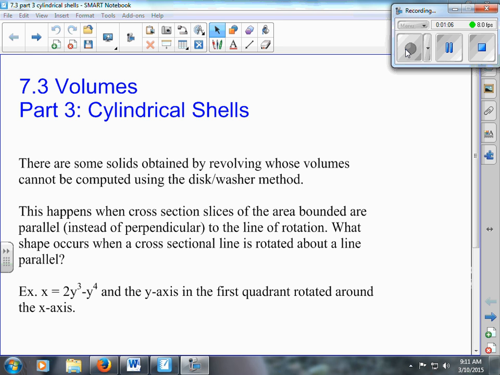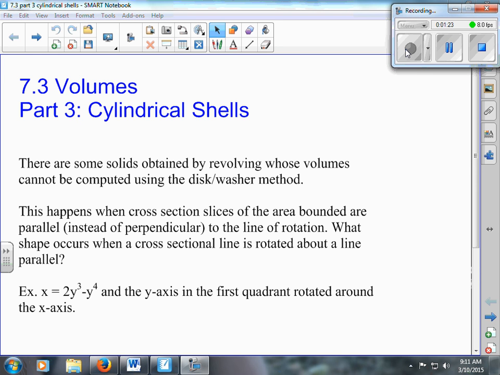If you were to revolve that around the y-axis or any vertical line, then the cross section of the area is parallel to the line of rotation.